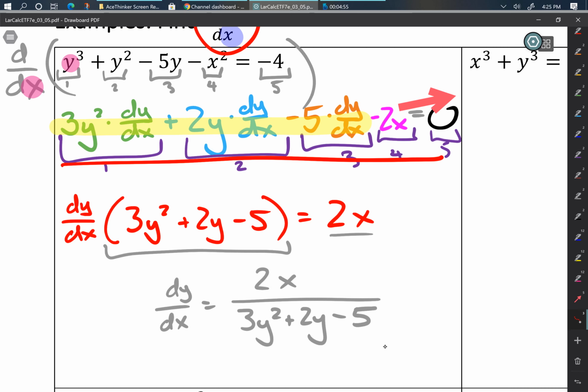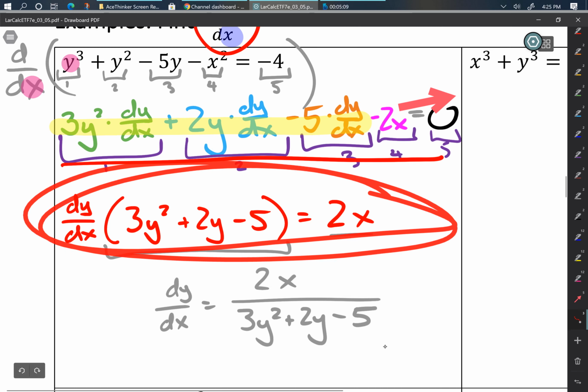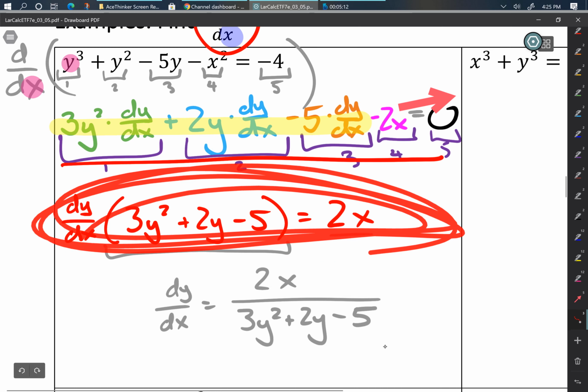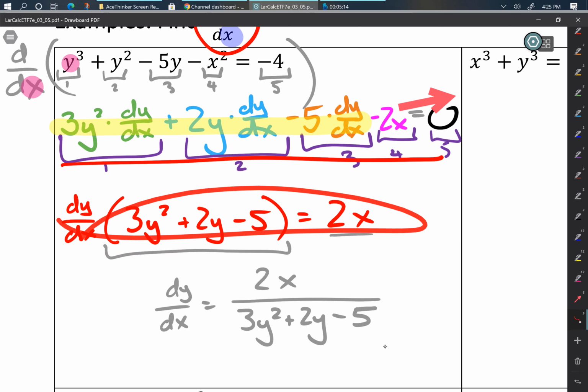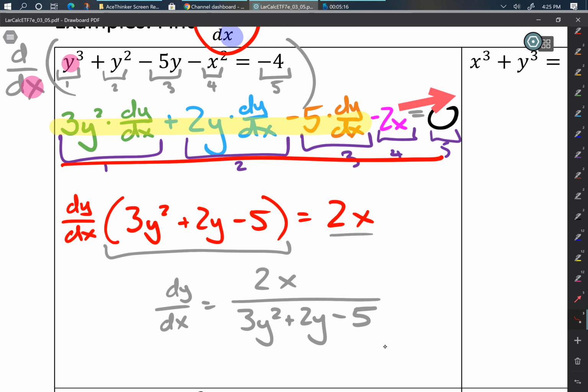Then I want to gather up all the terms that have dy/dx's in them on one side of the equation and move all the terms that do not have dy/dx's in them to the other side of the equation. And then we'll factor out our dy/dx. That brings us to here. So I moved and factored. Then I divide. Now, stop and think about what's going to happen here.